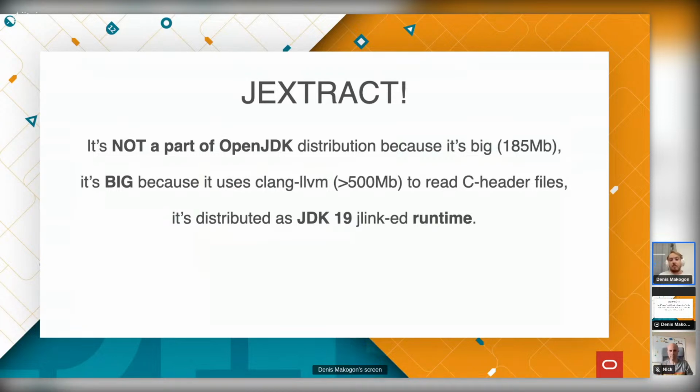So whoever needs Jextract will find a way to download the binary. It's also interesting that Jextract isn't a single binary executable, but a linked Java runtime that consists of an additional JDK module that holds the implementation of the new tool and some of the workflows.